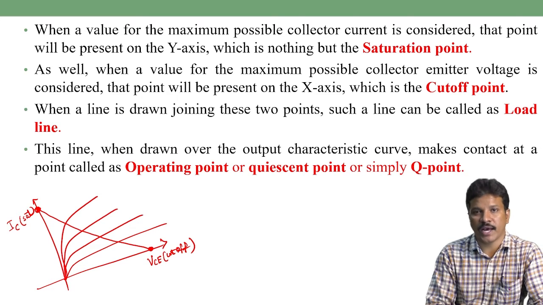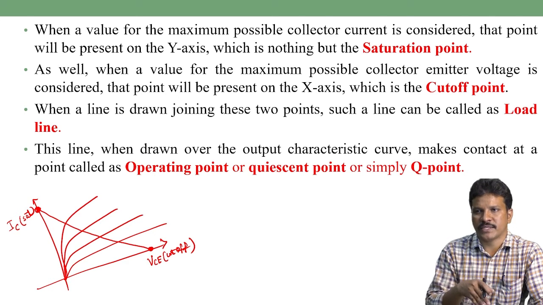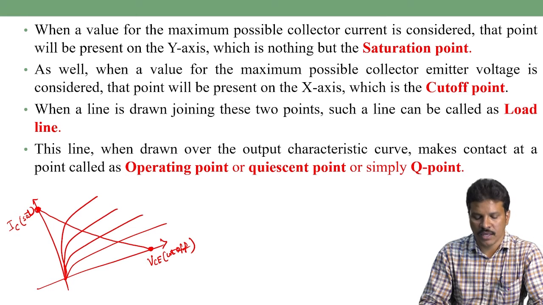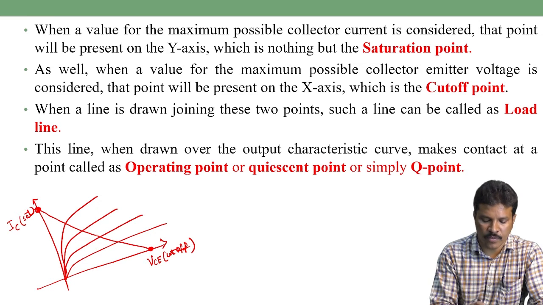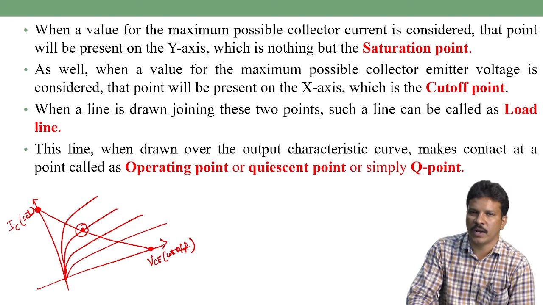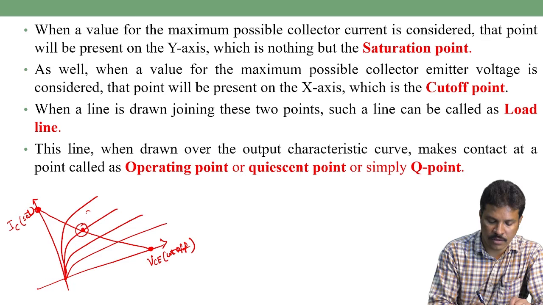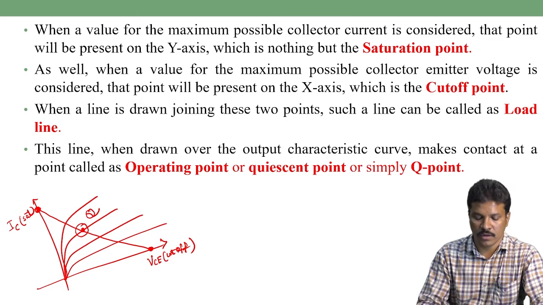When we draw the line joining these 2 points, the cross point between the output characteristics and the load line is called the Q point. The Q point is also called the operating point or quiescent point. This Q point must be maintained in the active region only.